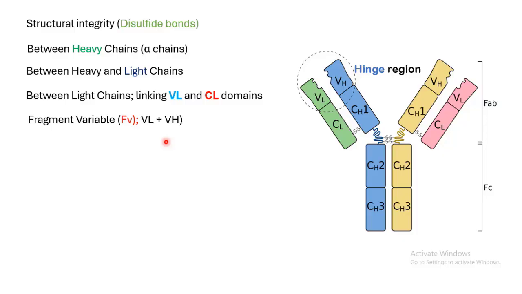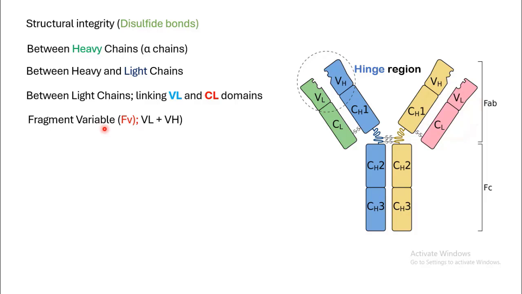When you talk about the structure of the immunoglobulin or the antibodies, you need to recognize some of the important regions in its structure. One such important region is known as the fragment variable. I'm discussing these because most of the time students are not getting the idea what these terms that we use for the structure of the antibodies mean.